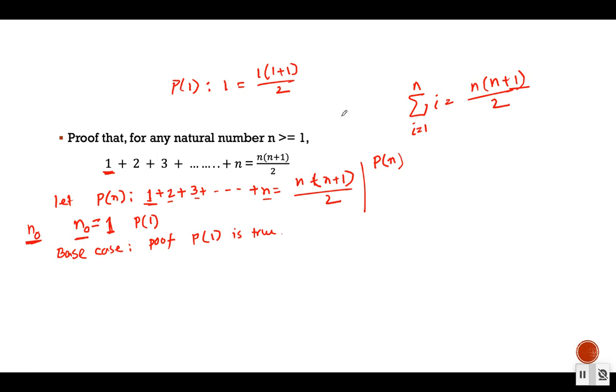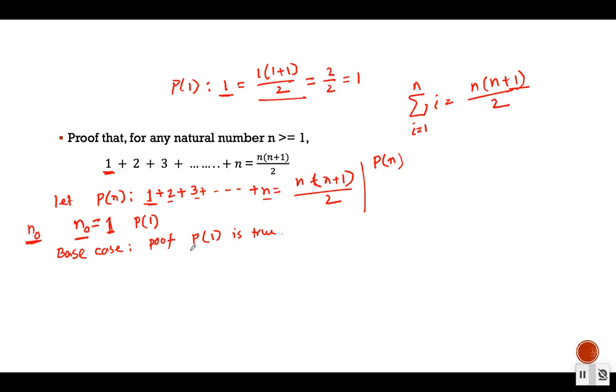This is a very easy step, because all we are going to do is plug the value of n into our propositional function. Here we can see that our left hand side is 1, and on the right hand side we have 2 by 2, which equals 1.